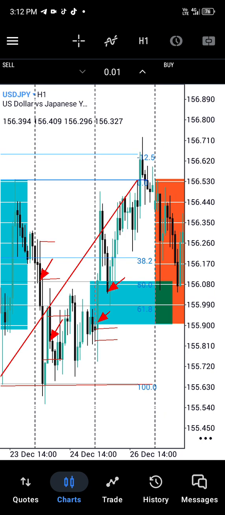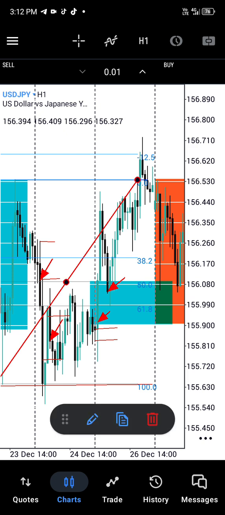Close to maybe 80% of the dealing range. That's a goal. So I could have gotten out of the trade. Right. Yeah.